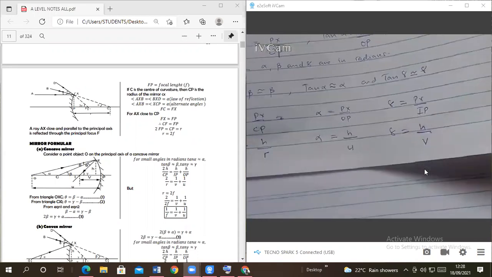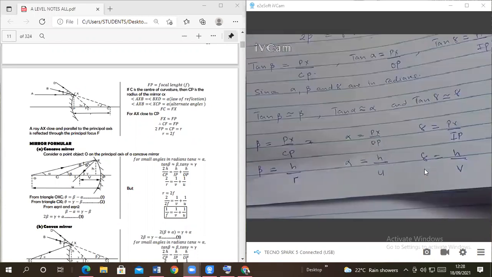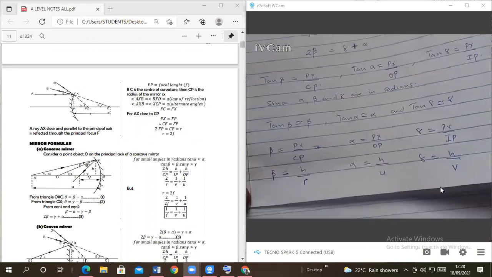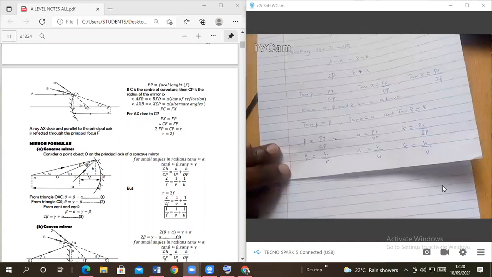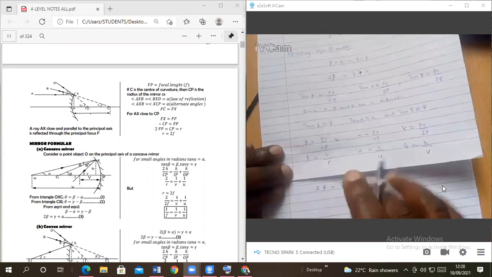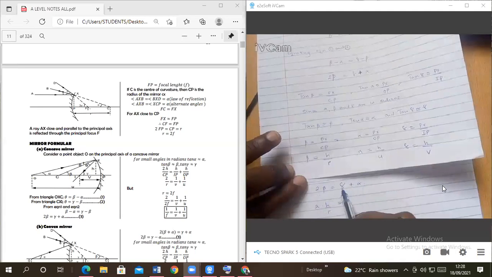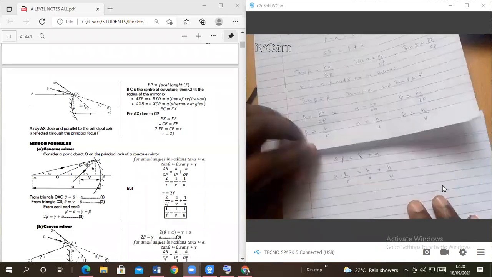So when we substitute in this equation, the equation is written as 2 beta equals gamma plus alpha. So we shall substitute and we shall have 2h over r equals gamma, which is h over v, plus alpha, which is h over u.